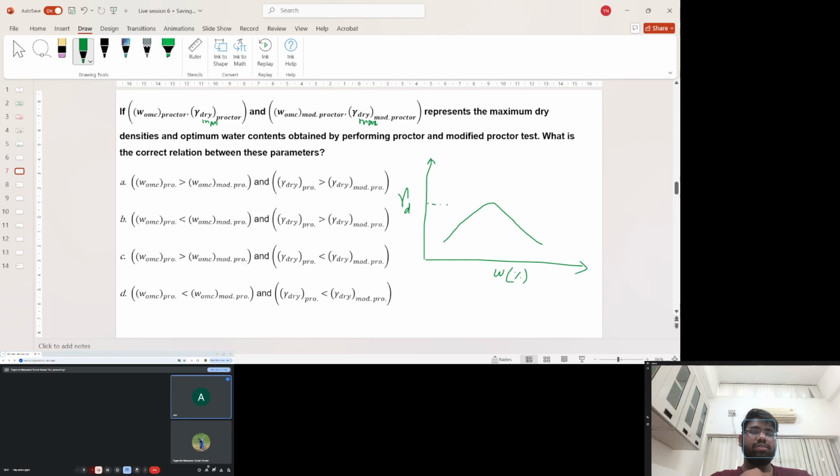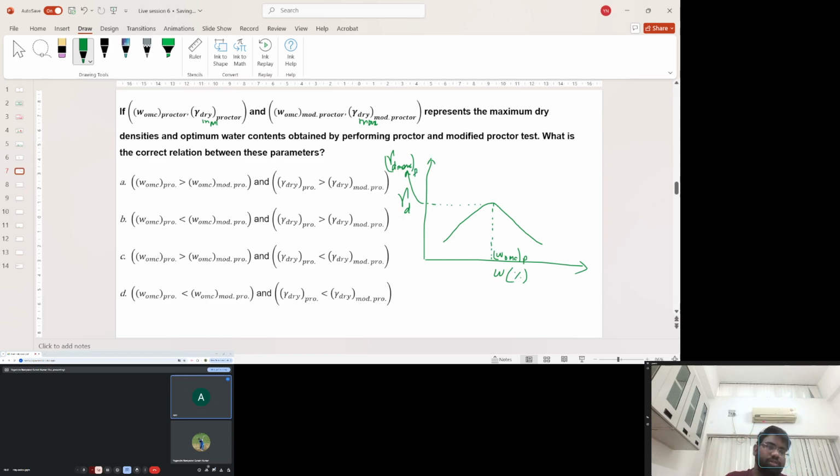And this is the OMC for Proctor. This is gamma d max for Proctor.